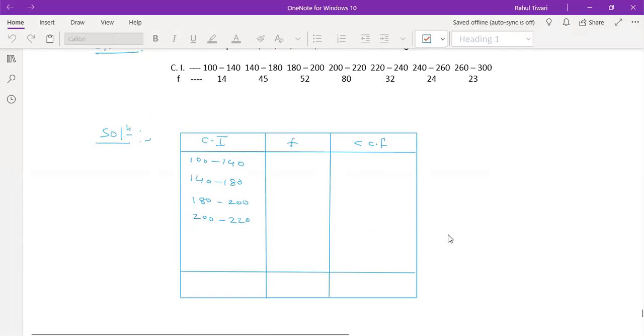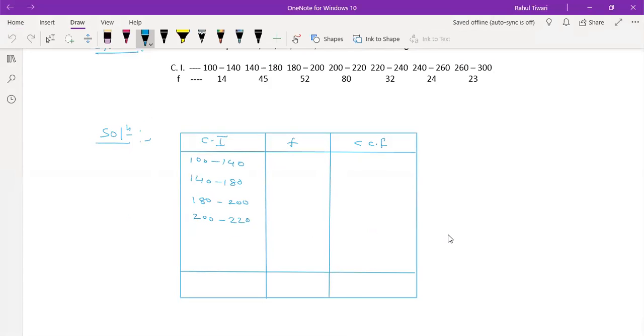Then 220 to 240, then 240 to 260, then 260 to 300.